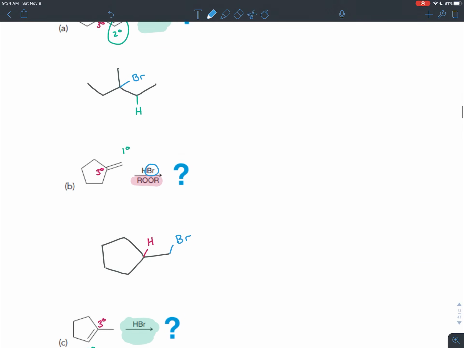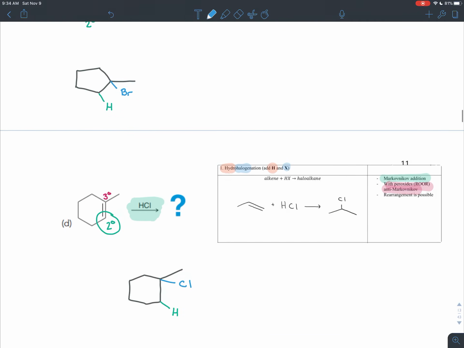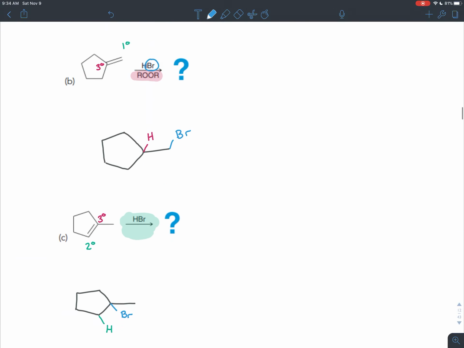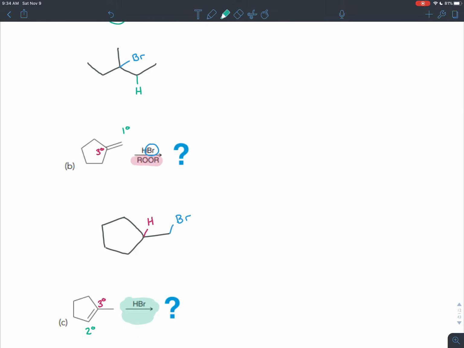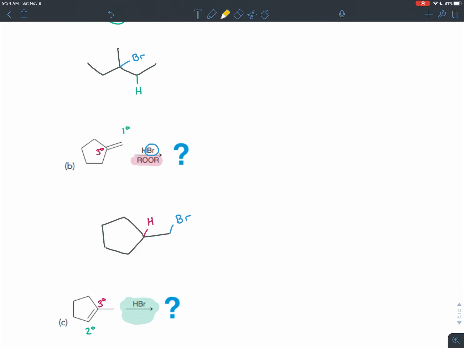Well, so far in our exploration of these things, we haven't created any chiral centers. You'll notice that in all of these previous molecules, the carbon that had the halogen on it had two of the same groups bonded to it. For example, in our first one, you had two ethyl groups bonded to that.